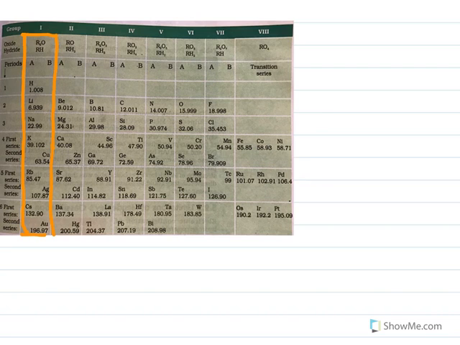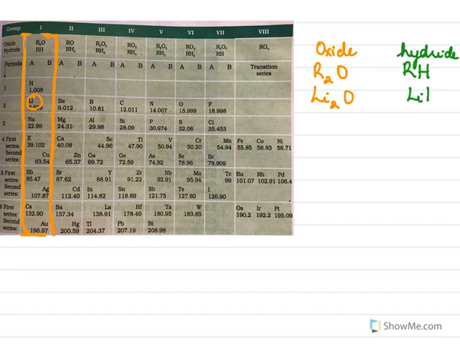Here are its oxides, and this is the formula of the hydrides. So the oxide formula of all the elements is R2O, and the hydride formula is RH. We start with lithium. The oxide of lithium is Li2O, and the hydride will be LiH.